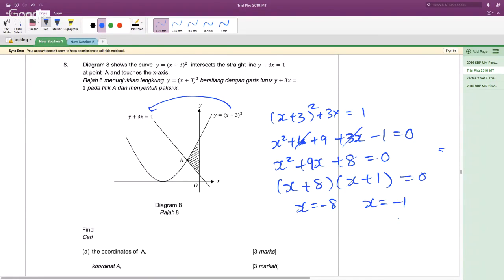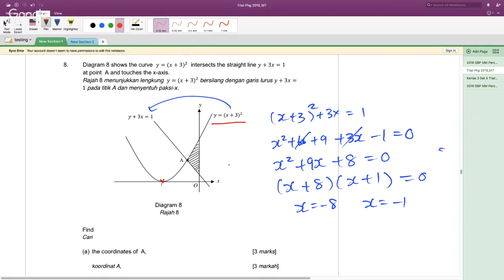Now you have some trouble because you do not know which one to choose for your coordinate A. So what I will do is try to find this coordinate, which can help me know which one to choose. This is the x-intercept of the curve, so I just make y equal to 0.